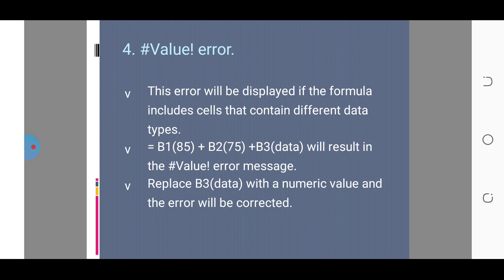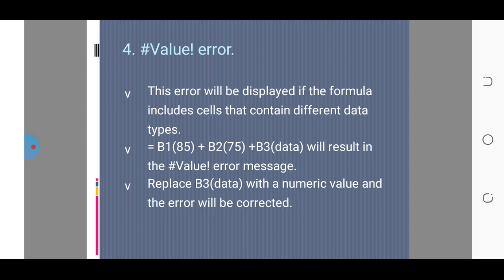These two have the same data types, but B3 has data in brackets. B3 does not have the same data type as B1 and B2. So in this case, it will result in that value error, which you're seeing as our number 4.